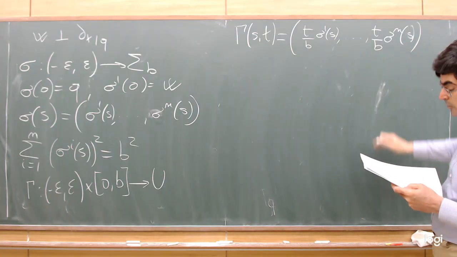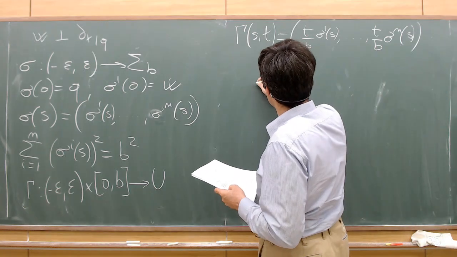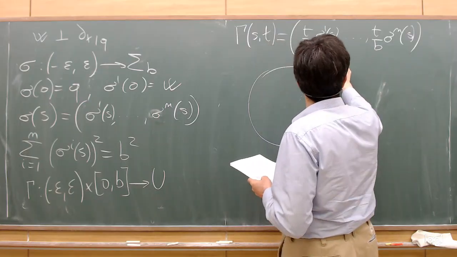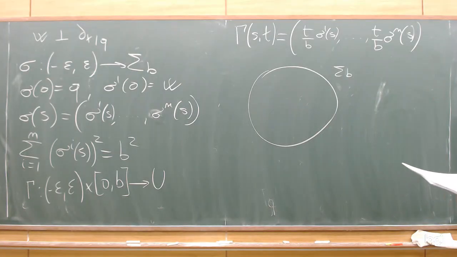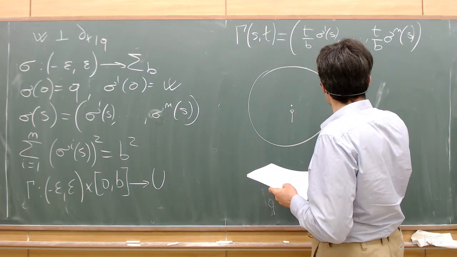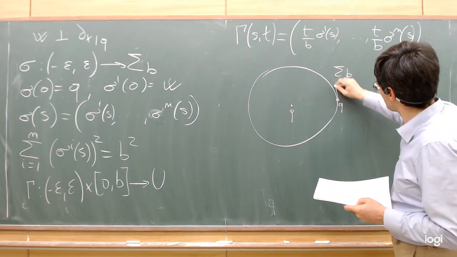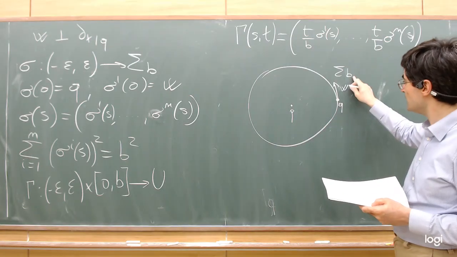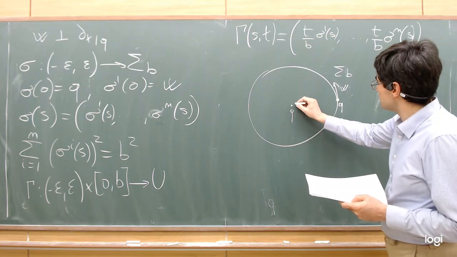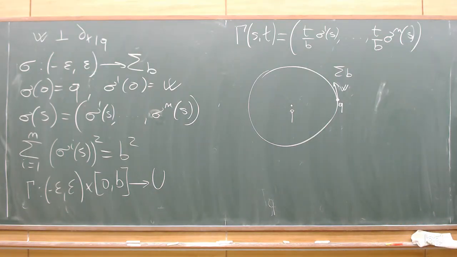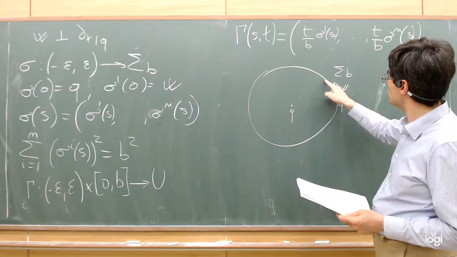So if you want to, you can make a picture. Suppose that this is sigma_b, this is the point P, this is the point Q, then this is w, tangent by definition to sigma_b, and sigma is a curve on sigma_b.